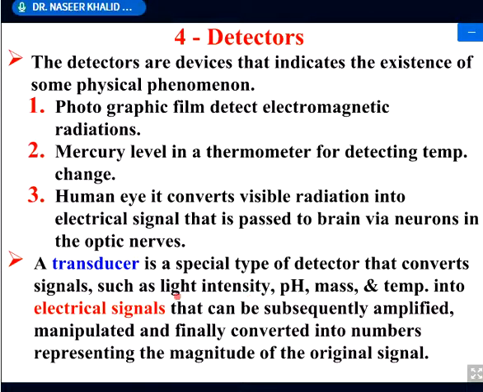Similarly, another detector is, for example, for change in pH. We are taking the reading that its pH is 1, its pH is 5, its pH is 14. In the beaker there is an electrode, and that electrode has a potential of the hydrogen ion concentration, which is compared with the hydrogen ion concentration of the electrode.